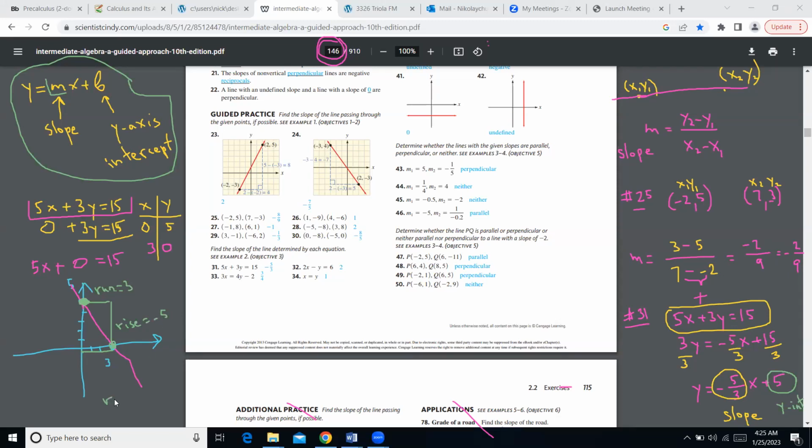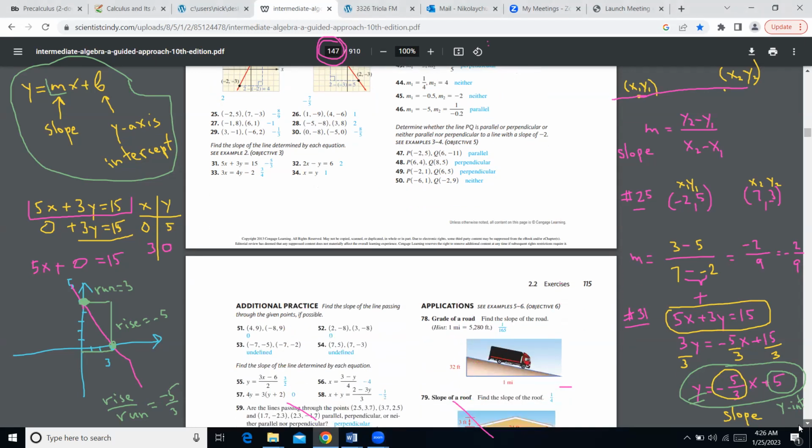So if I divide rise over run to get the slope, I will divide -5 by +3 and get exactly what was produced in exercise 31 right after I started it. So the point of the story is that all this work could be done much faster if you simply isolated y. That's what the next section tells us. And I guess that's very exciting to know that this is the way to go.